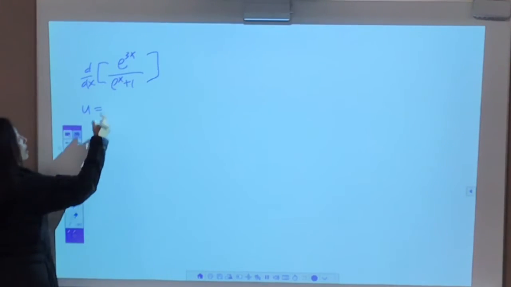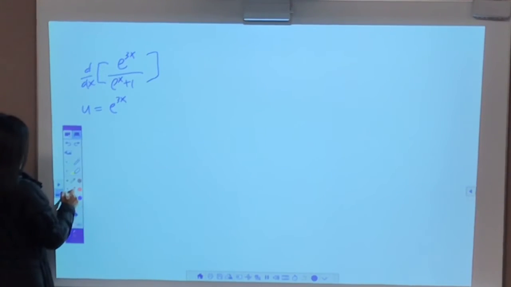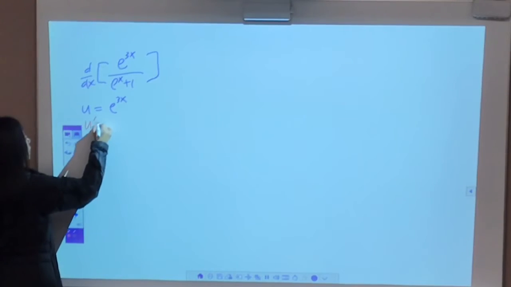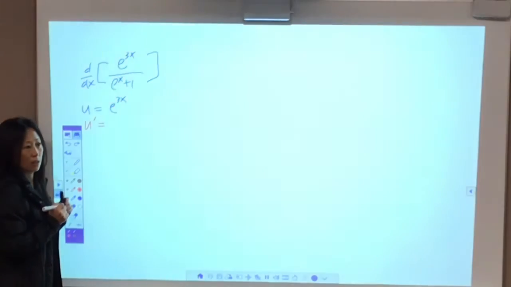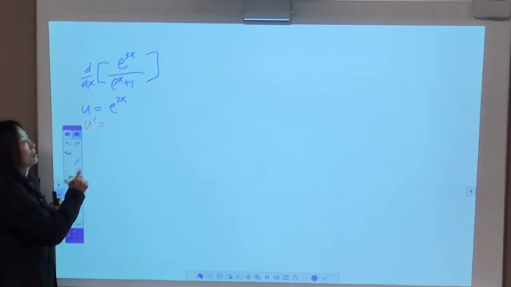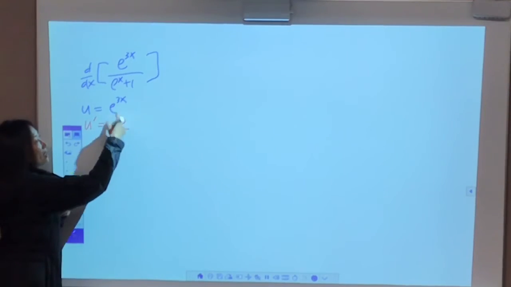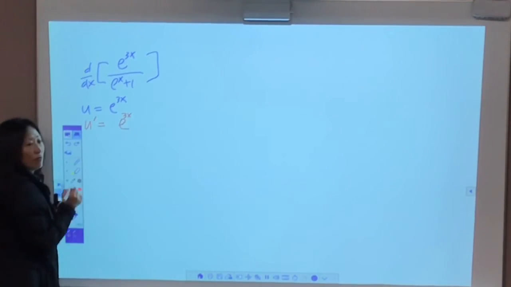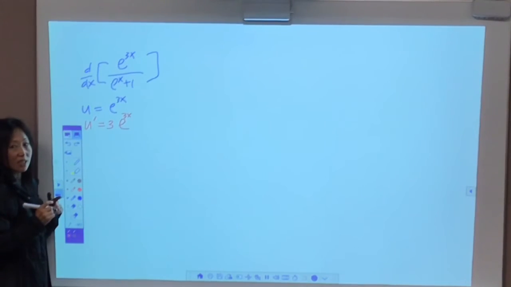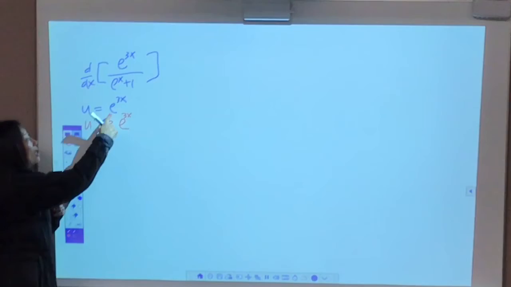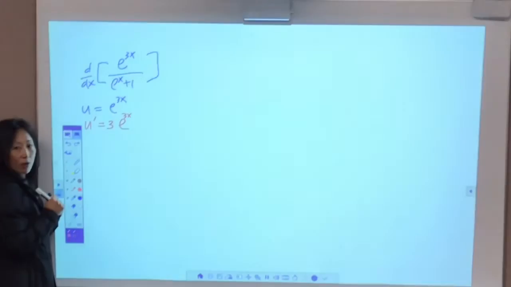So u is equal to, I'm going to use uv, are you with me? e to the 3x. Tell me what u prime is equal to. What's the derivative of this? e to the 3x, exactly the same thing, and then write down 3, that's right. So remember, e to the x is an easy one because you write down exactly the same thing and then take the derivative of whatever the power is.